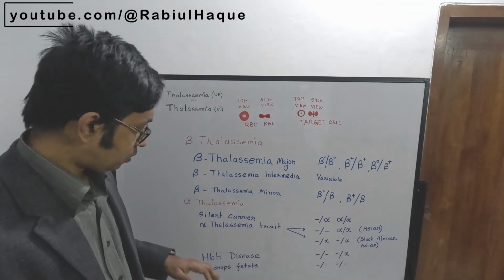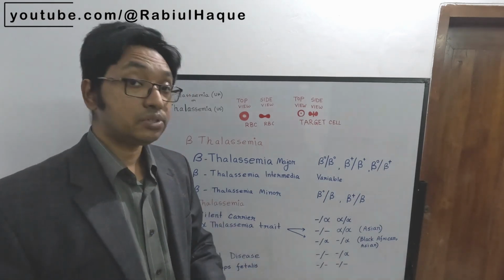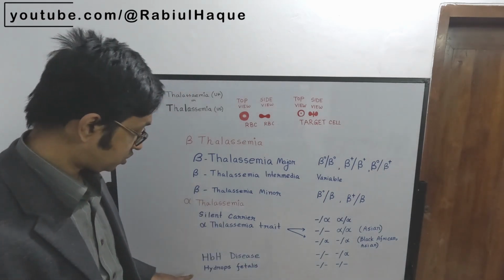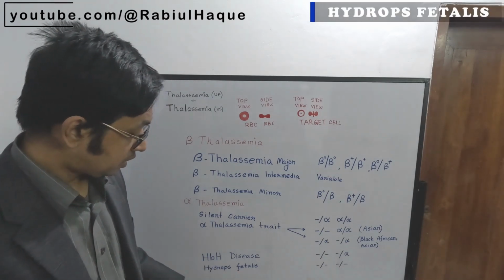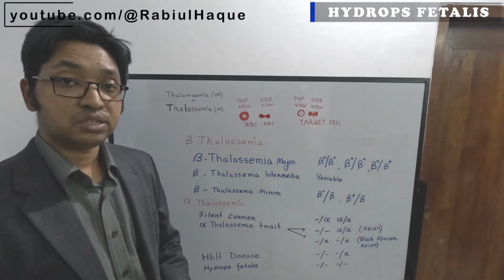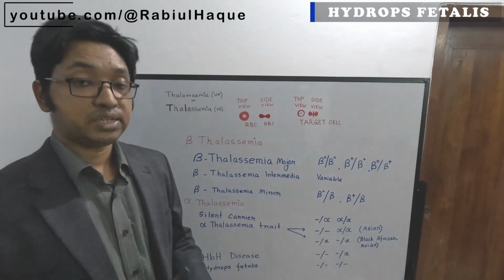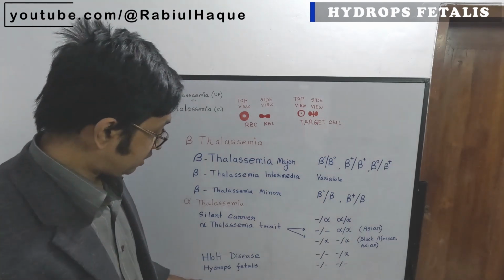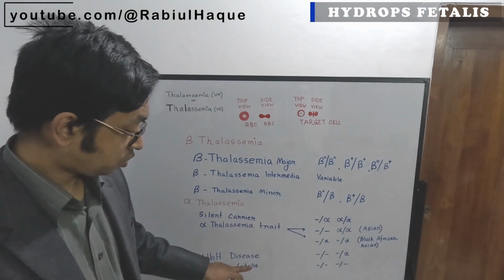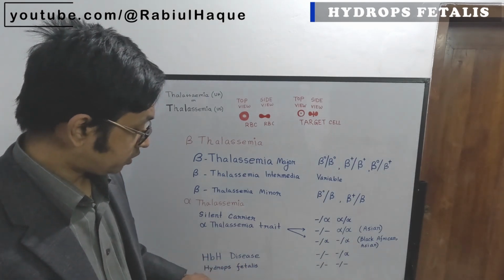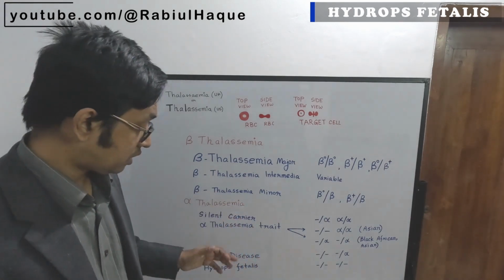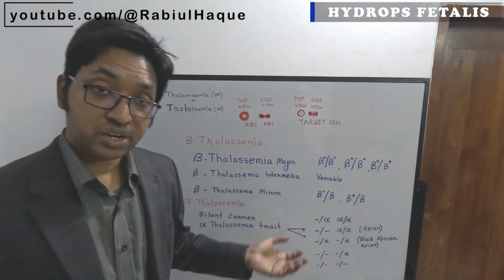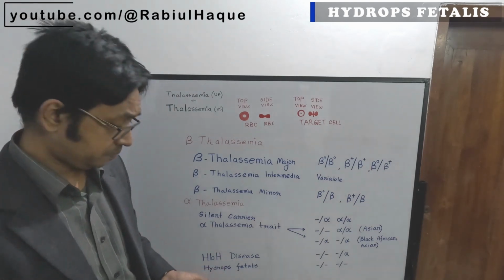Now, if all 4 genes are deleted, that will result in a condition known as hydrops fetalis. It is seen in fetal life, and basically here we are seeing formation of gamma 4 tetramer. Regarding clinical feature, this is the most severe form, and usually this type of fetus is not viable and is incompatible with life unless intrauterine blood transfusion is done.